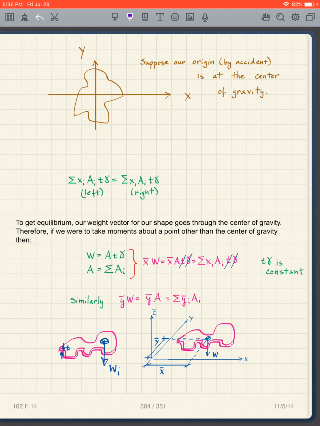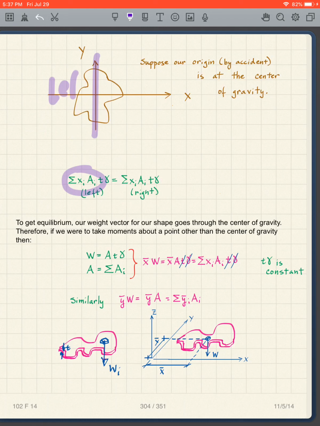Like I said, when we have that balance point, the moment caused by the weight on the left part of the y-axis, in other words, the moment due to the weight on this part of the y-axis, is equal to the moment caused by the weight on that part of the y-axis.